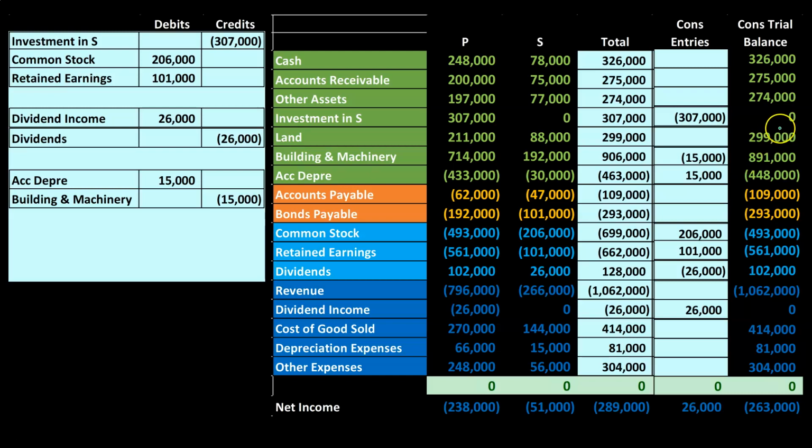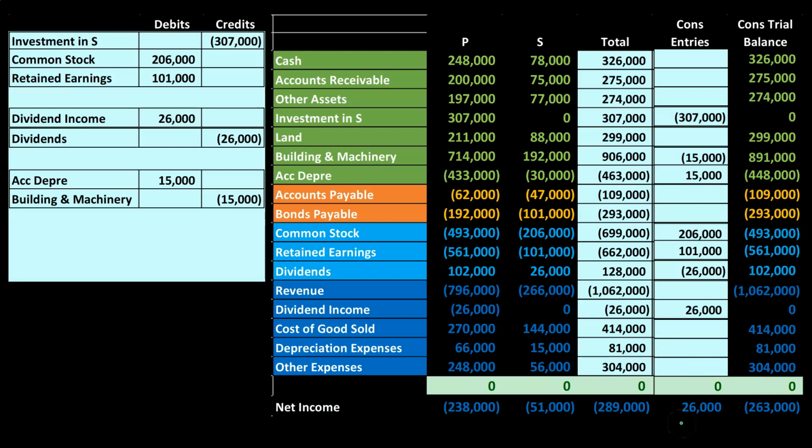So same kind of process, similar kind of reversing entries we have over here, slightly different kind of conceptually if you're thinking about P carrying the information at cost versus the equity method. We then have the consolidated trial balance. We're all in balance down here now. You can see that on the income side, the net income before was the 289.